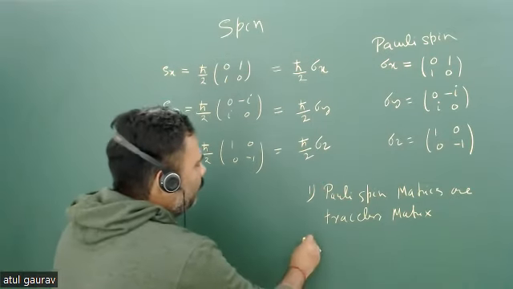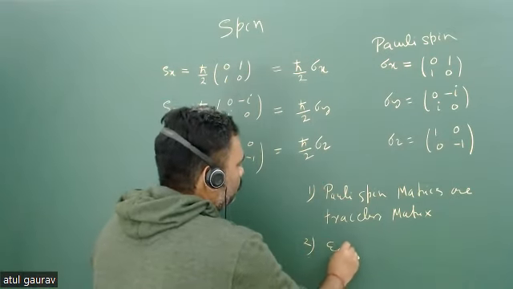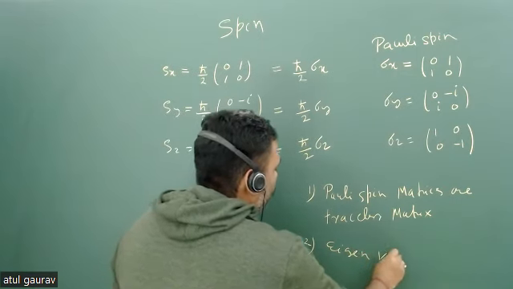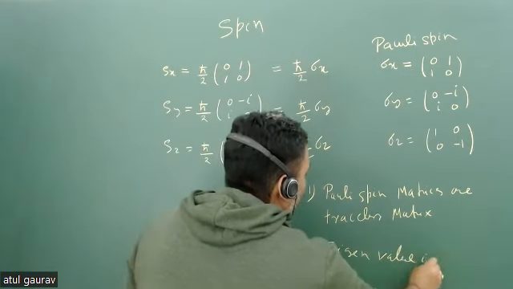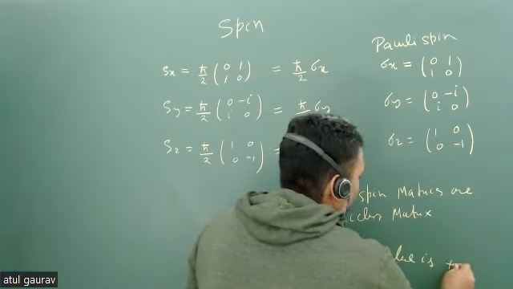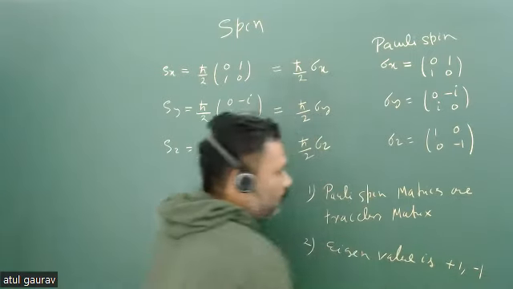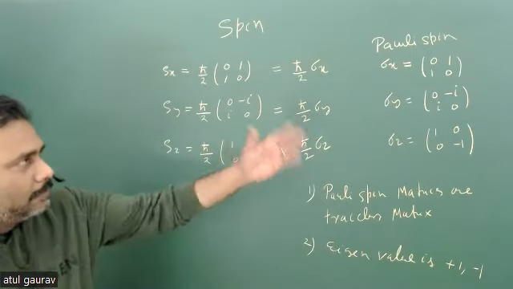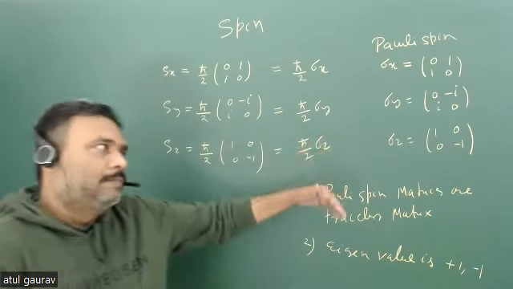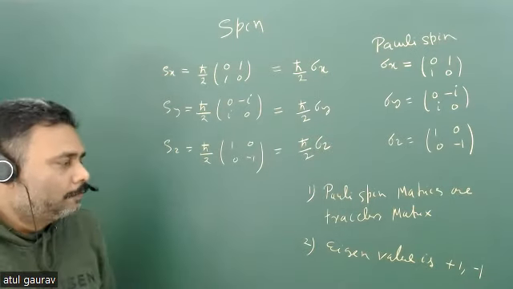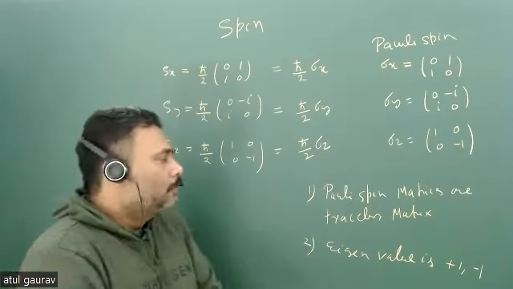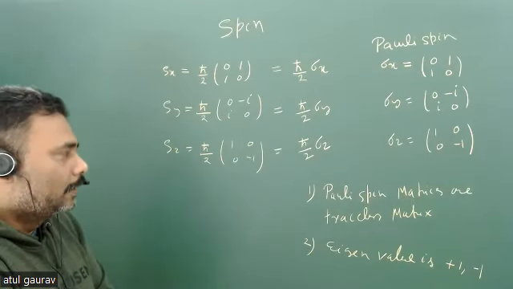And the eigenvalue is either plus 1 or minus 1. So the eigenvalues of sigma x, sigma y, and sigma z are plus 1 and minus 1. This is another important thing.